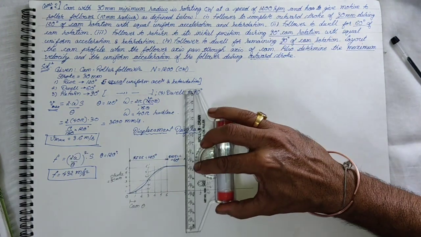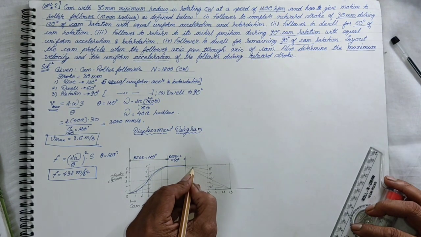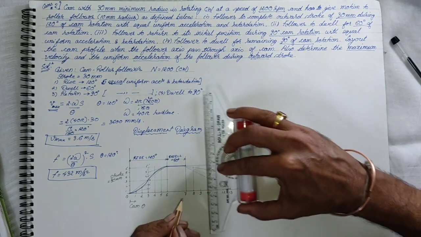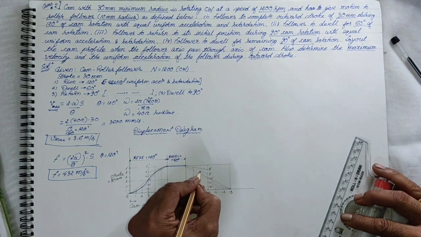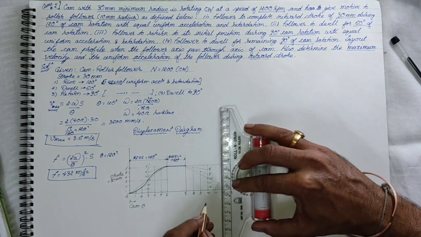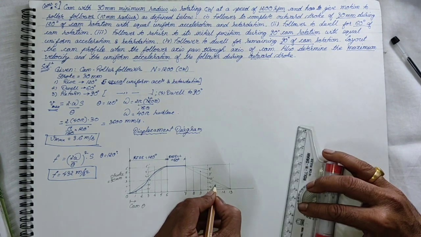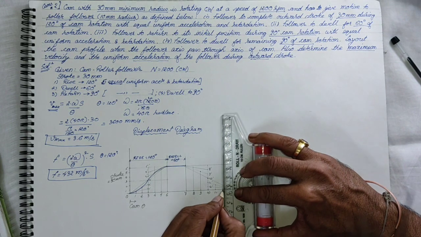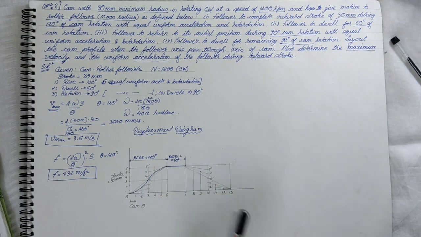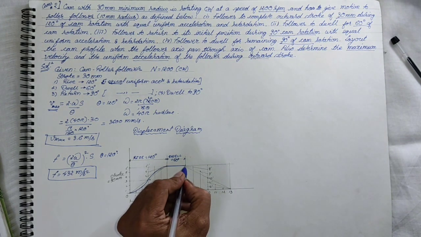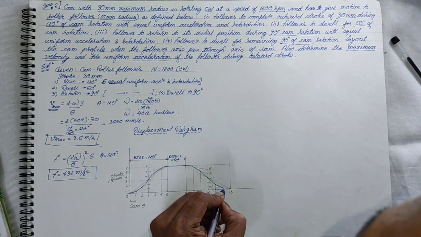So for 8, again from 8 we draw this vertical line. So this intersection of the 8th line, and this is 9, so the next point, this is 10, 11, and here we get 12. So again, when we draw a smooth curve through these points, we get the return stroke of the follower.